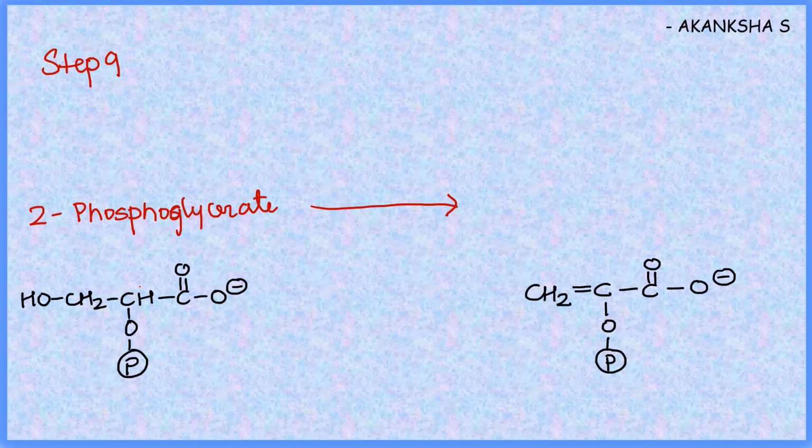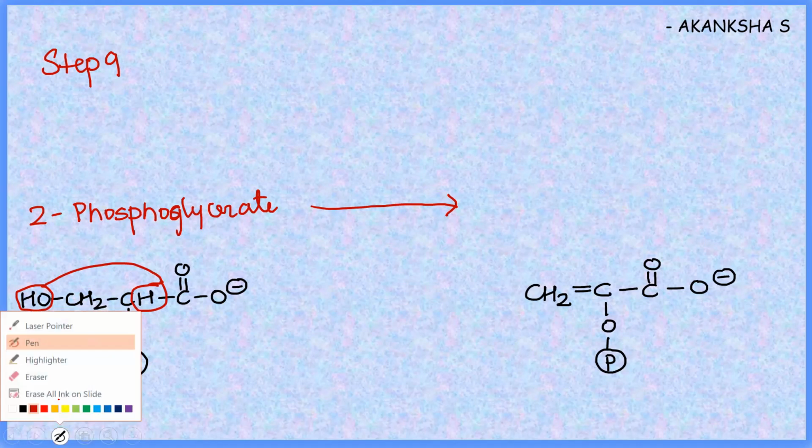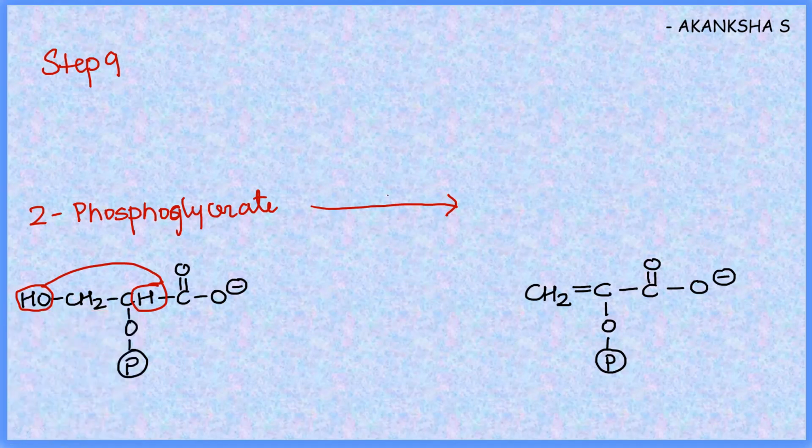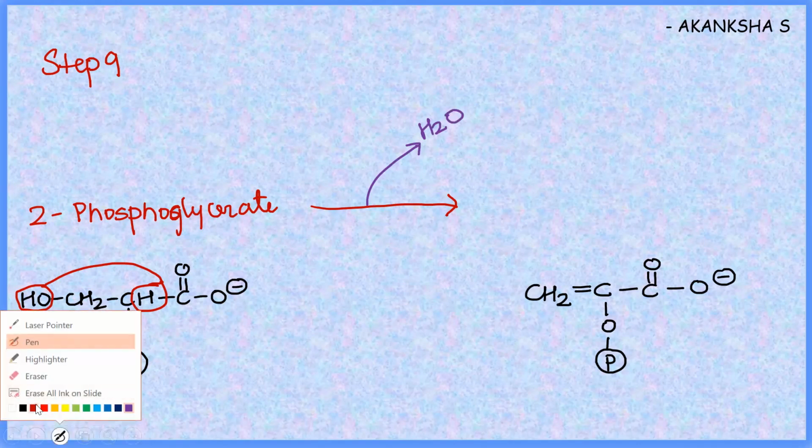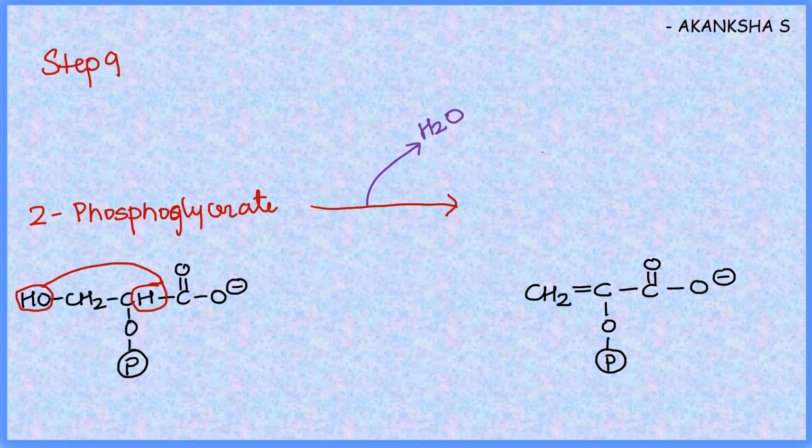Okay. One hydrogen from here and OH from here, they combine and leave as water molecule. So now we are left with a compound that is phosphoenol pyruvate.